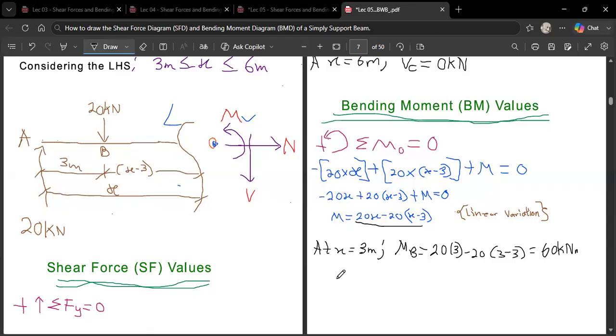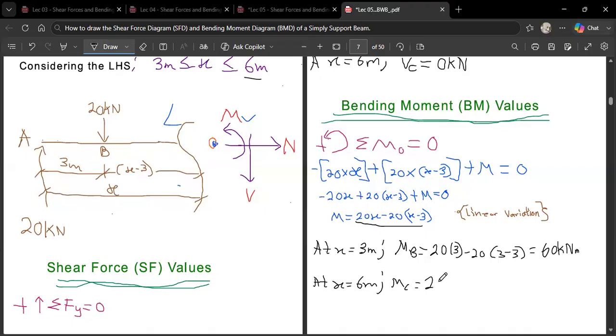Okay, so we come and do the same thing for the other one too. So at x is equal to 6 meters. We come and say that at x is equal to 6 meters, our moment at C is equal to 20.